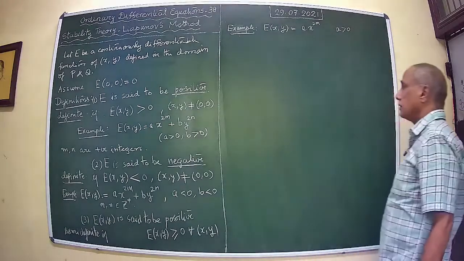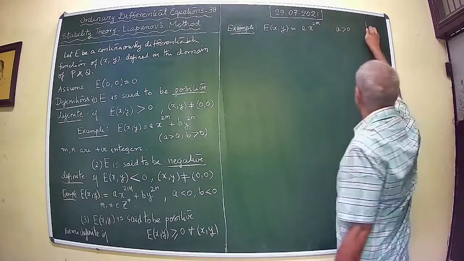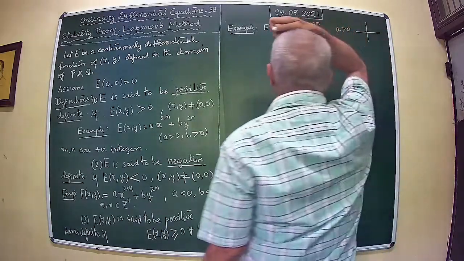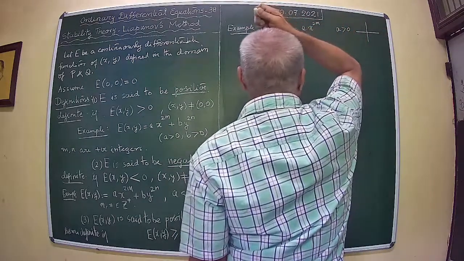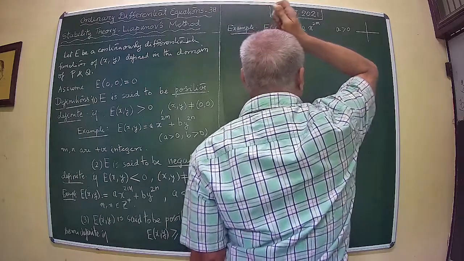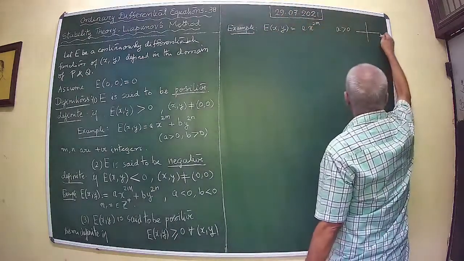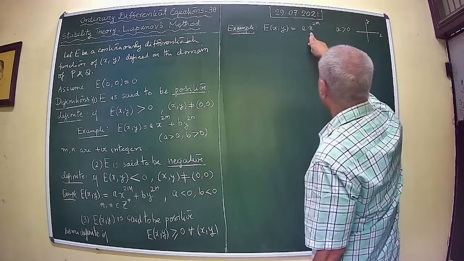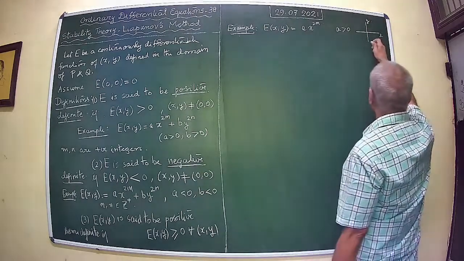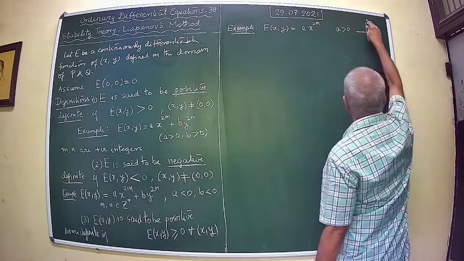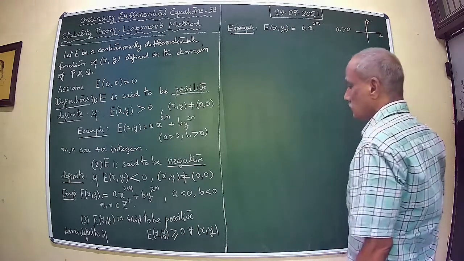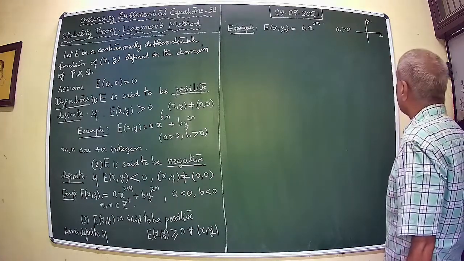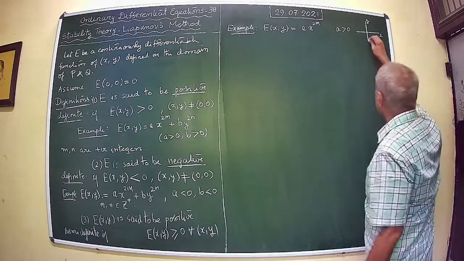Then what happens? See, in the xy plane, for all y, see x equal to 0, this is x, y. The value of the function on x equal to 0, that is the y axis, is 0. So the function, what you can say is that E(x,y) is greater than or equal to 0, but E(x,y) vanishes here.